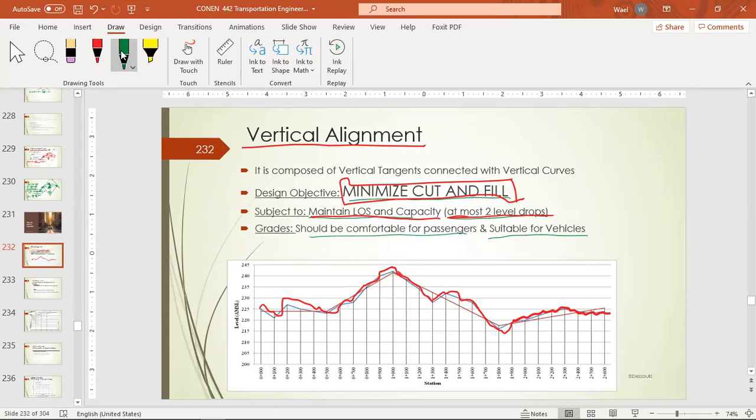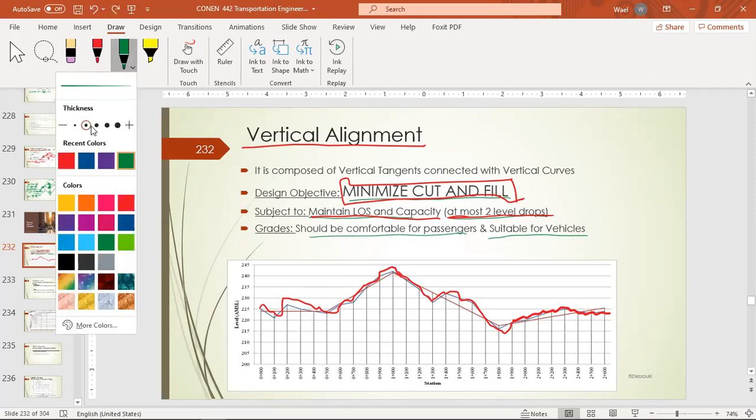We can either make a smooth ride like this, or we even can go more and do something like this.